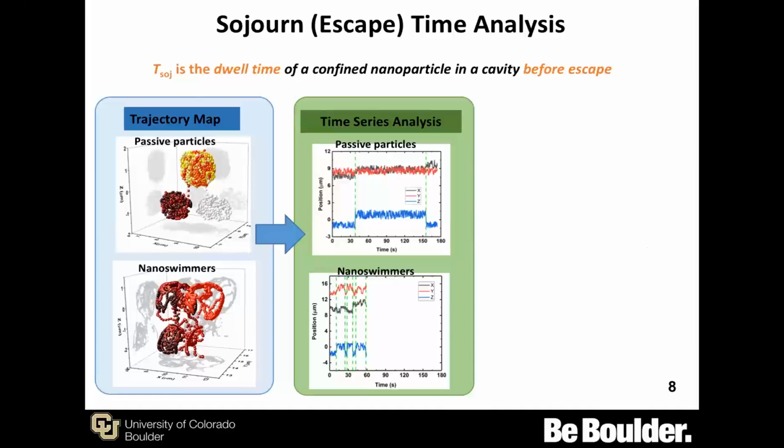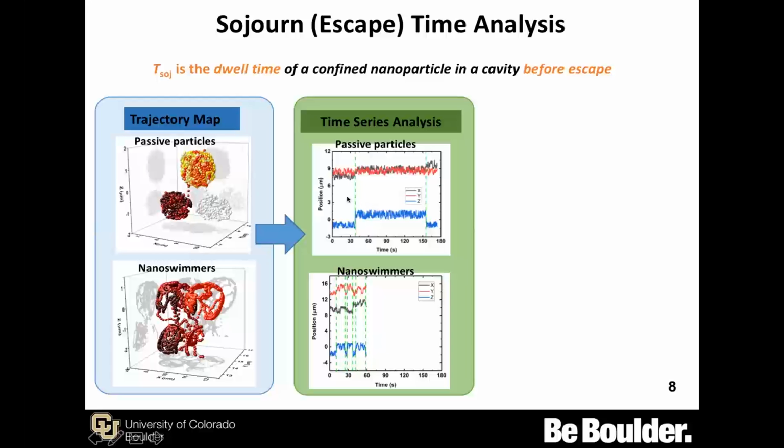Escape time analysis is that for each kind of trajectory map we discussed in the previous slide, we can extract how much time the particles stay in one cavity before they escape. And then we can get this kind of time series information, which is the particle's XY position as a function of time.